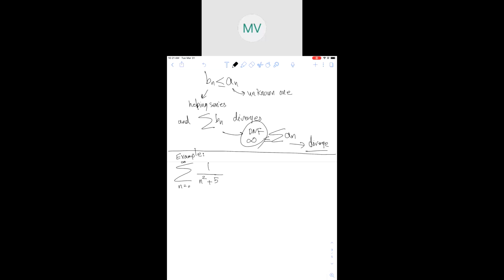In fact, I'll tell you a trick later. In the case of rational functions, like this one, a polynomial divided by another polynomial, we can easily find the series to compare with.